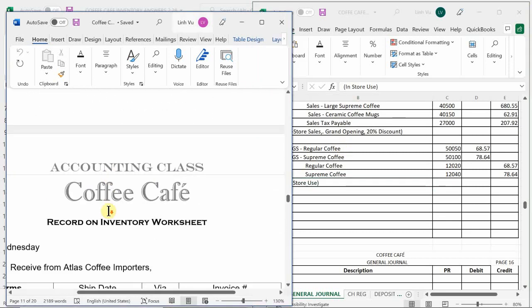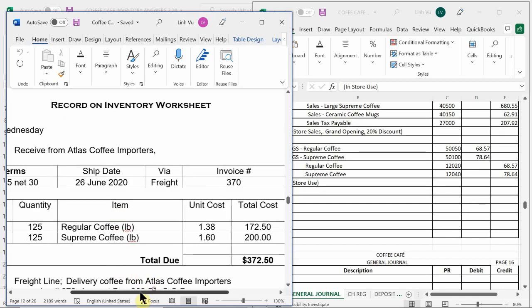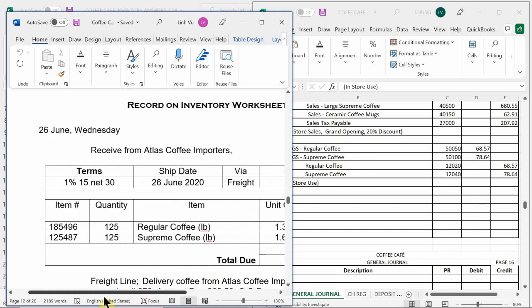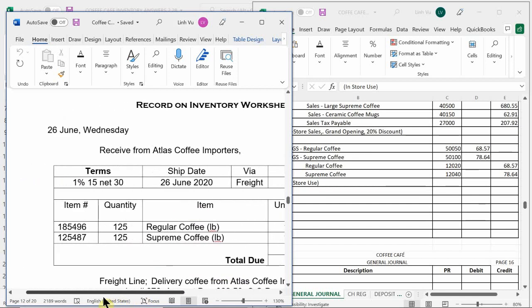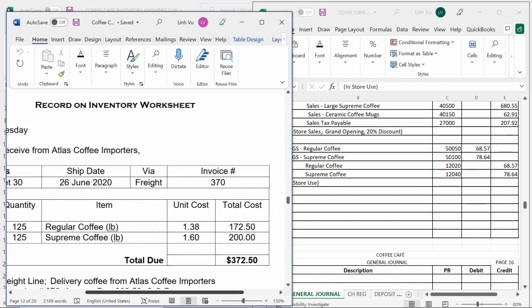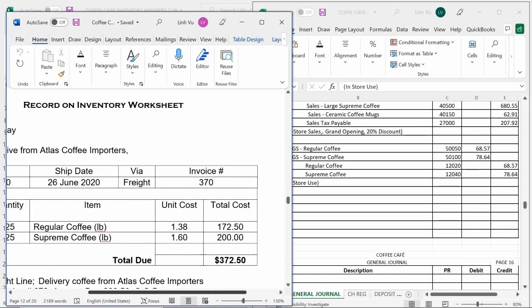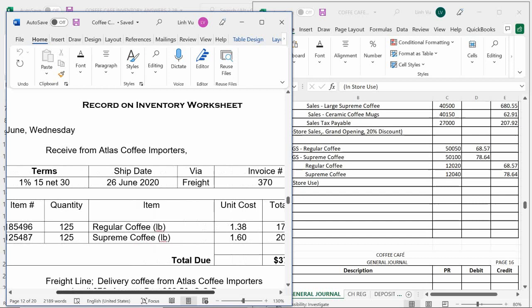So let's see what happened next on the 26th. So we're finally on a new day. On the 26th of June, Wednesday, we end up receiving our Atlas Coffee importers. We received our coffee. This is invoice number 370.